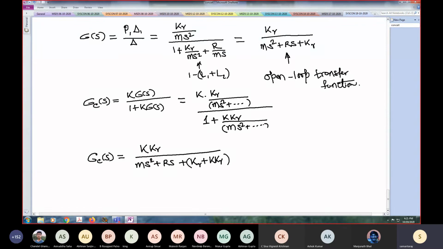This K is Kp. Okay, let's write Kp then: Kp Kr. So this is our closed loop transfer function.